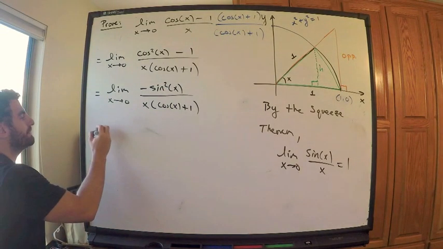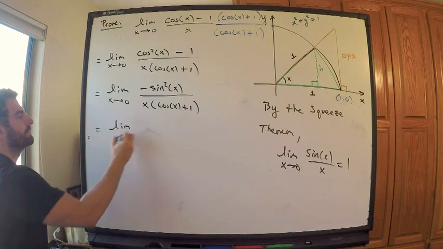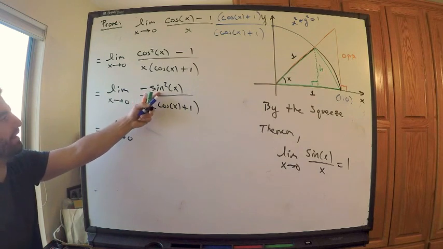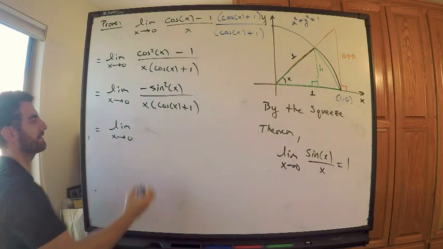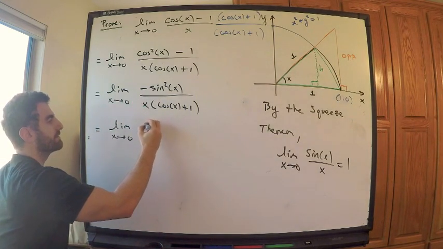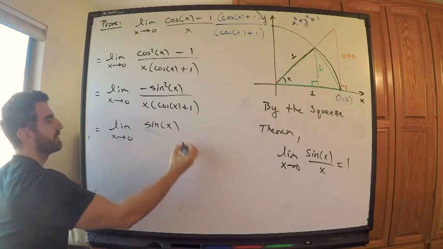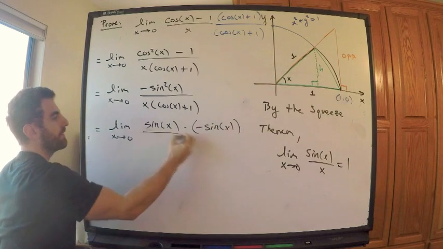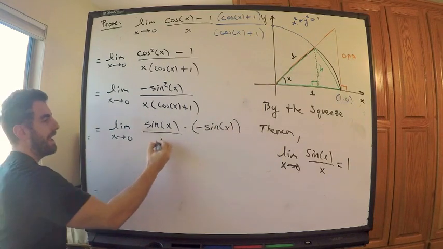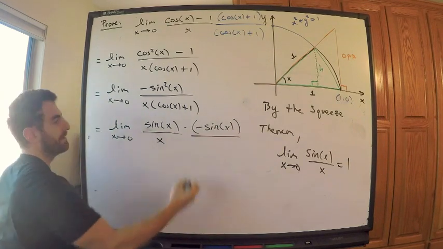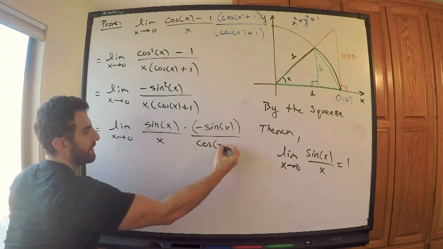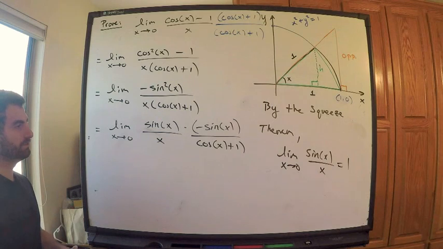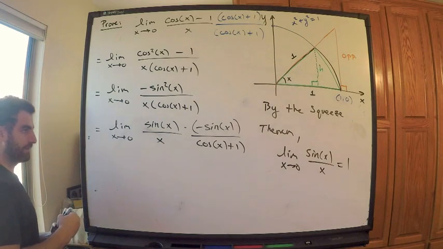So this is equal to the limit as x approaches 0. You can definitely agree that sine squared x is sine x times sine x. So I'm going to write this as sine of x over x, times negative sine of x divided by cosine x plus 1. Do you see it? Let me write one more step.